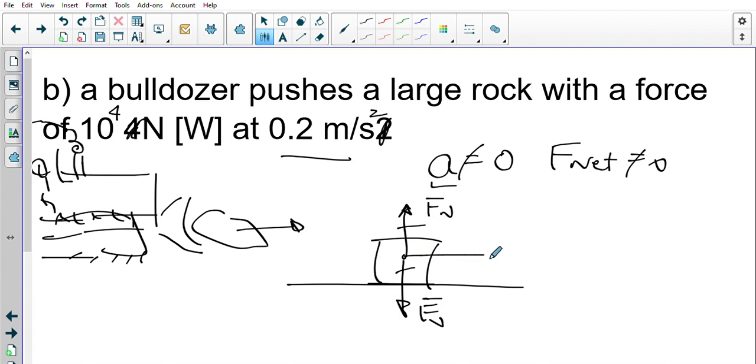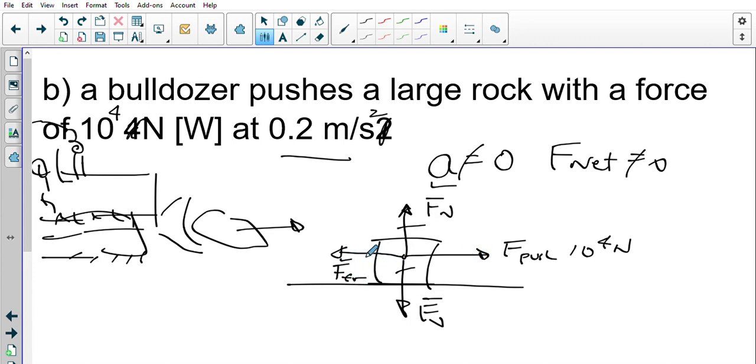We're having the force of a push, and the push is 10 to the fourth newtons, so 10,000 newtons. Are there any other forces acting? Sure. Because if we're pushing with 10 to the fourth and only accelerating at 0.2, pretty piddly, there has to be a pretty big force of friction as well.